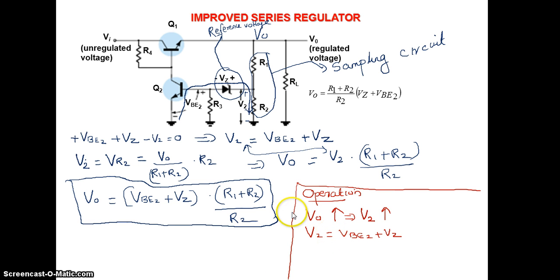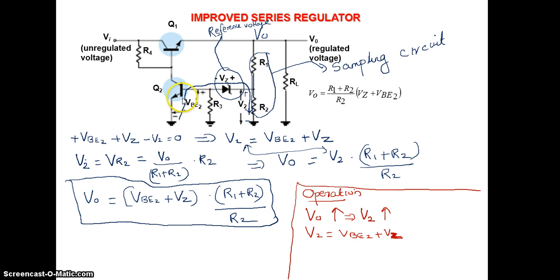I will tell one more time. If VO increases, it means that your V2 increases, because R1, R2 are all fixed. V2 increased means from your expression V2 is VBE2 plus VZ. Don't confuse, this is VZ, the fixed reference voltage. So V2 increased means only VBE2 will increase.